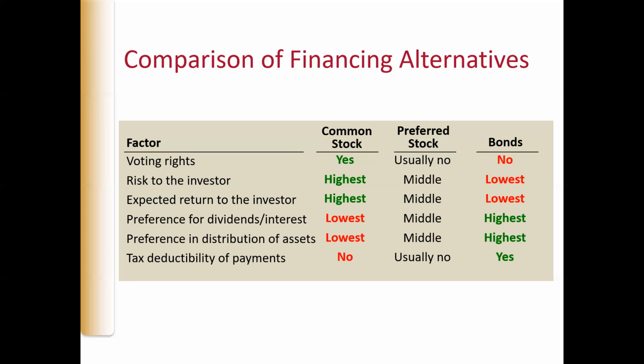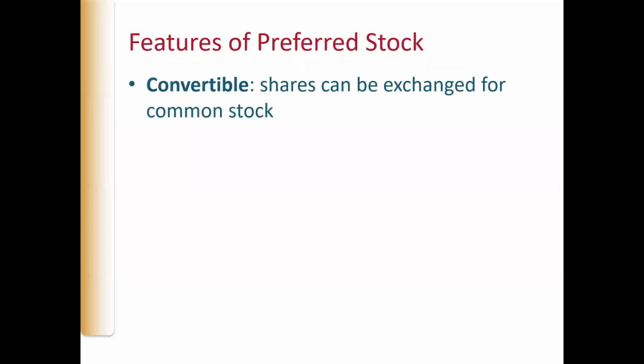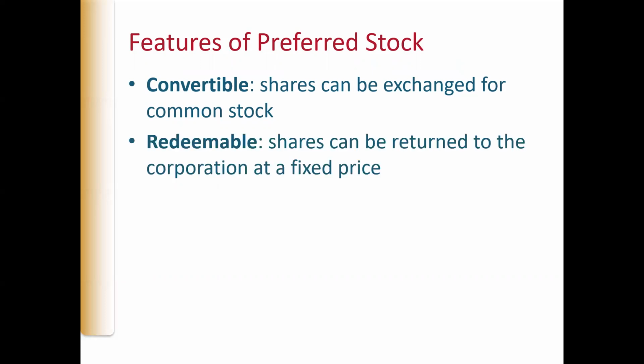But it is a stock, but they have various features that make it a unique blend of equity versus liabilities. Know that a preferred stock can have various features that can make it convertible, which after a period of time, it can convert to common stock.